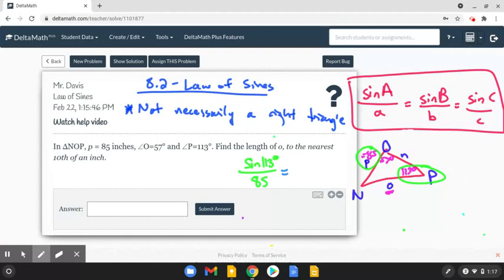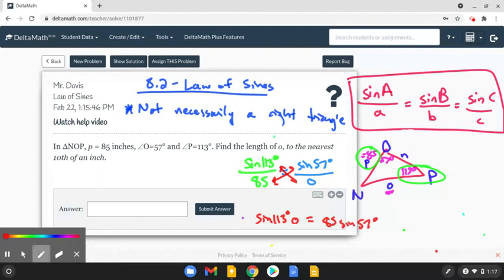So then we got to figure out, well, what do we want to find out? It's a little o, and we got to make sure we have the angle opposite of that. And we do. We have big O, so that's good. So that's going to be equal to the sine of big O, which is 57, over little o. We then will just do our cross multiplication to solve. So I just do sine of 113 times o equals 85 sine 57.